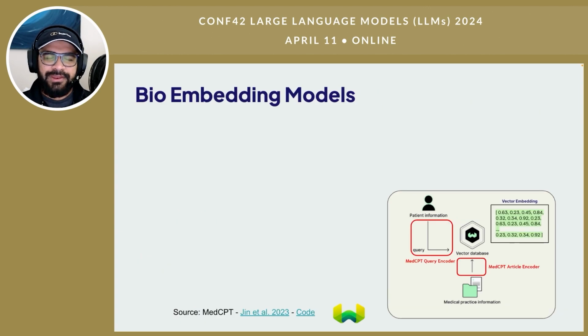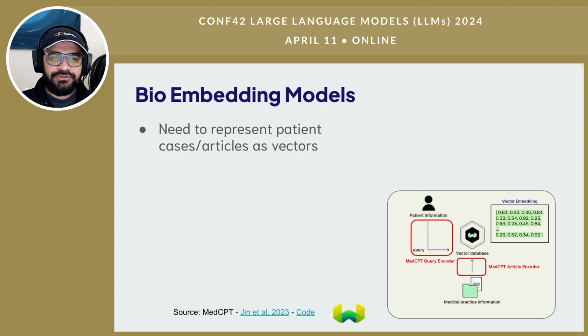Okay, so the next ingredient that we need here is an embedding model. A vector database needs to be able to capture every single patient case or medical article as a vector. No matter what type of data you have in your vector database, it needs to be turned into a vector embedding over here. Here I've represented a vector embedding.